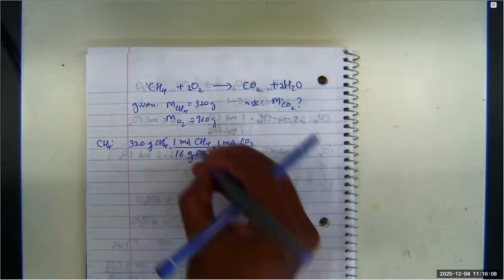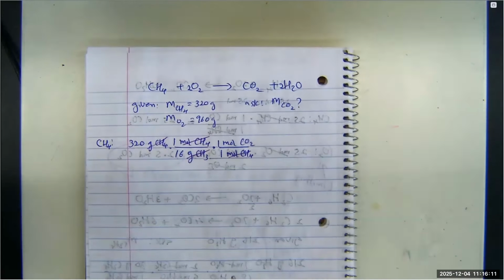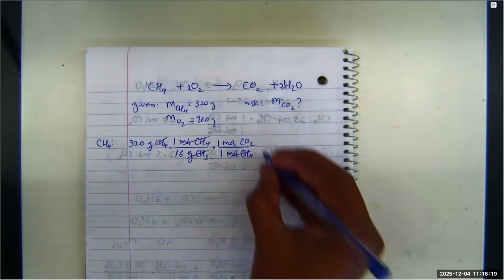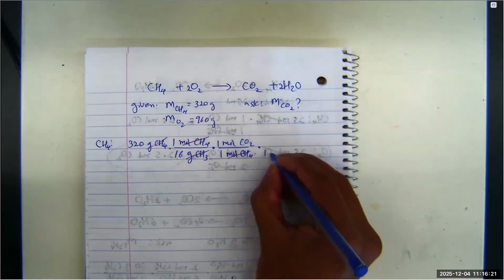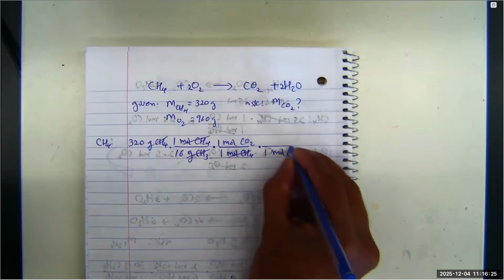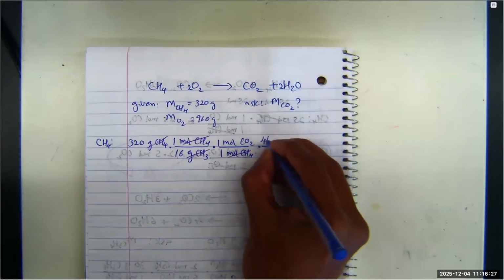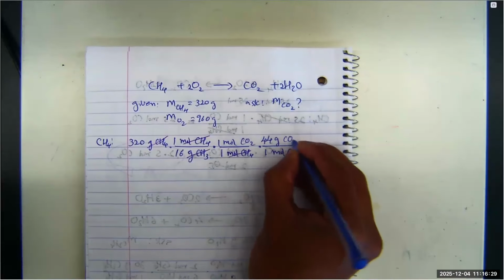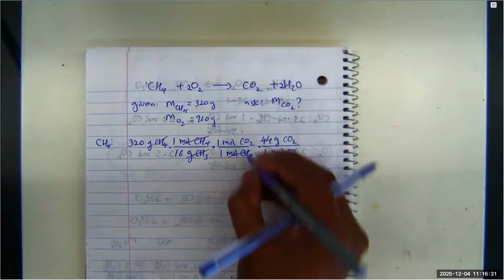Okay. Now, if I do that, moles of CH4 cancels out. I'm going to end up with moles of carbon dioxide. I don't want moles of carbon dioxide. I want grams of carbon dioxide. So I'm going to cancel out moles of carbon dioxide too. To do that, I'm going to divide this by moles of carbon dioxide. I know 1 mole of carbon dioxide has a mass of 44 grams of carbon dioxide, right?